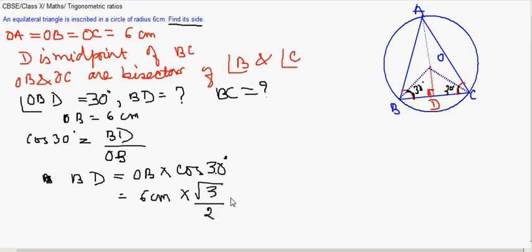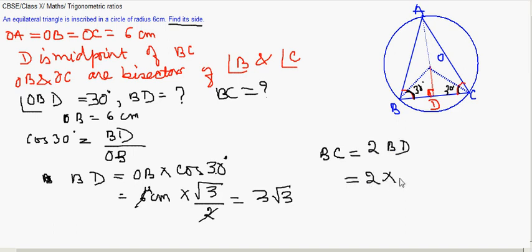So I'm getting 3 root 3. Now this is BD. BC, because D was a midpoint and BD was half of it, will be twice of BD. So it is 2 into 3 root 3. That's giving us 6 root 3 centimeter, right?